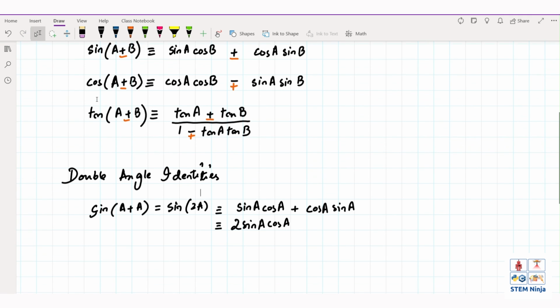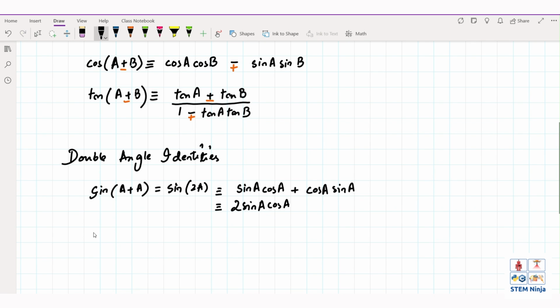Similarly, let's tackle the cosine. Cos 2A, similarly, that could be written as A plus A also. So cos of A times by cos of A again.